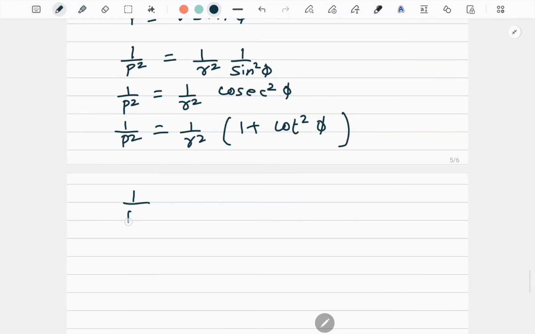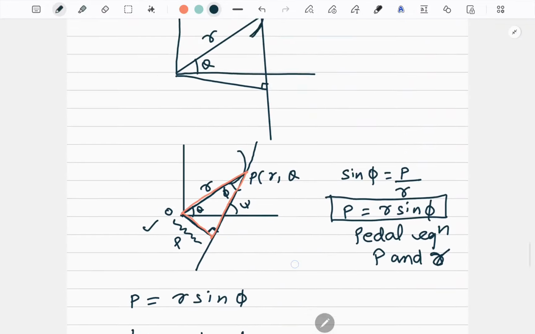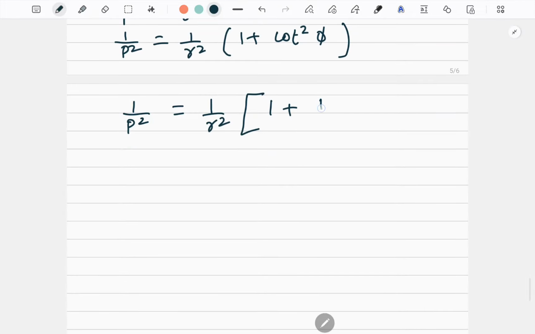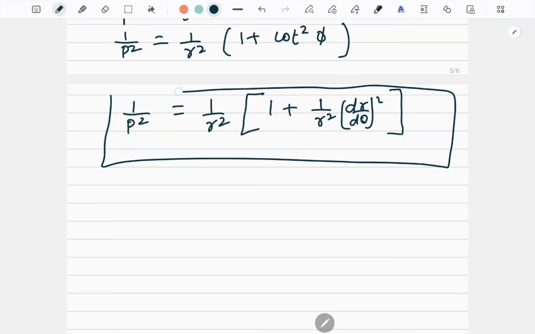See, 1 by p square is equal to 1 by r square times (1 plus what is cot phi?). Cot phi is our main formula. Cot phi is 1 by r dr by d theta. So 1 by p square equals 1 by r square times (1 plus (1 by r dr by d theta) square).